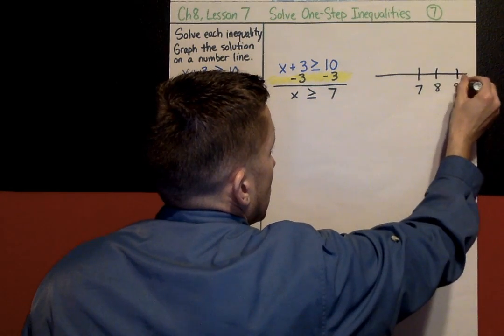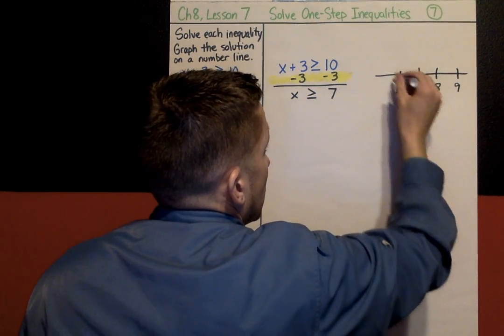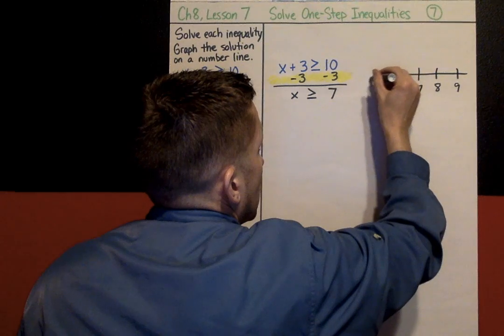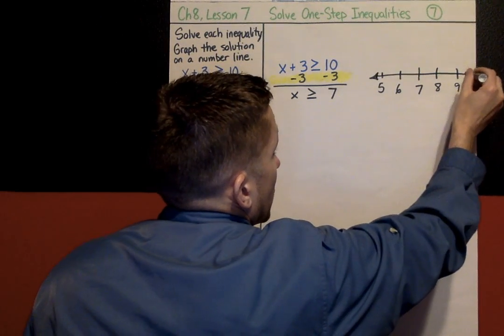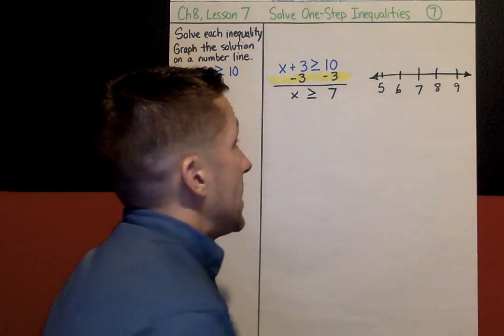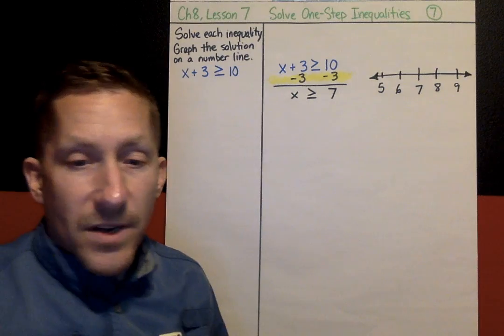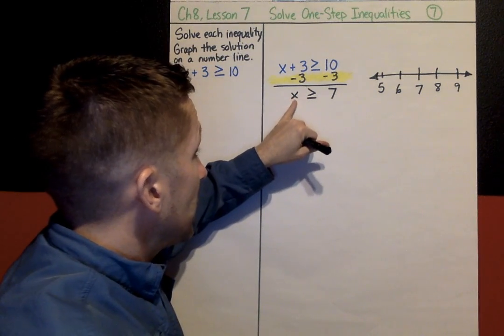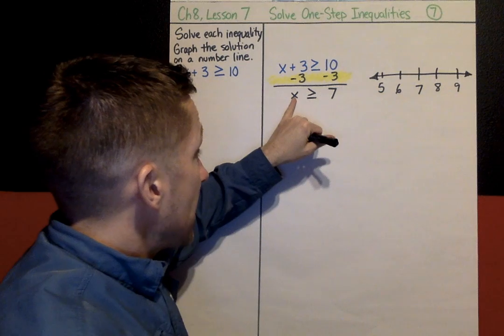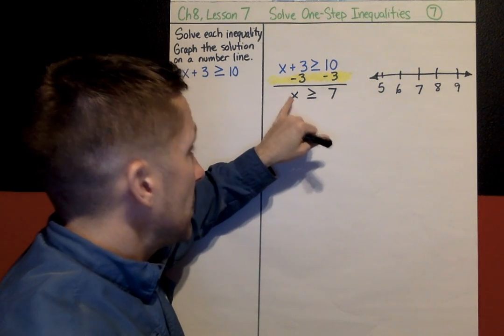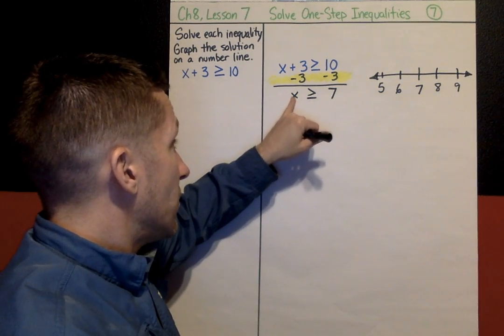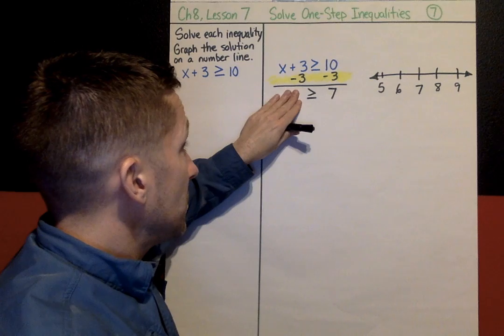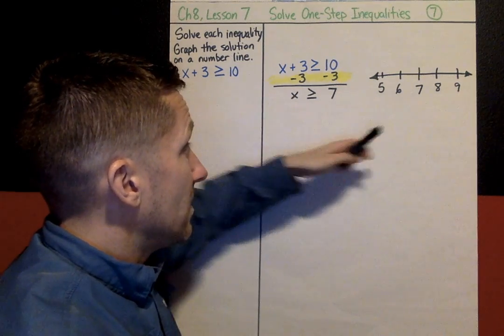Because that's a 7, I'm going to put 7 in the middle, then 8, 9. Here's my number line. I'm going to think about what numbers I can plug in. Instead of saying x, read this as the answers are greater than or equal to 7.